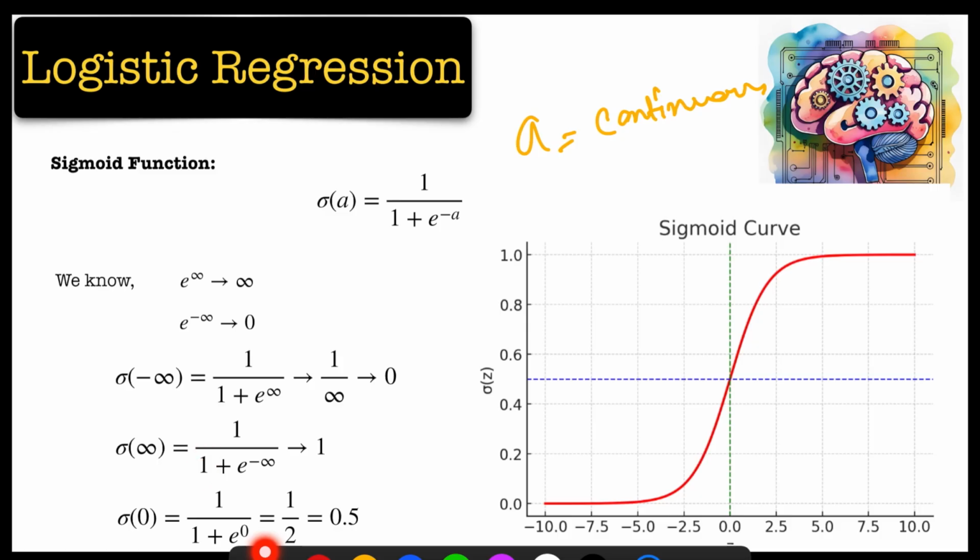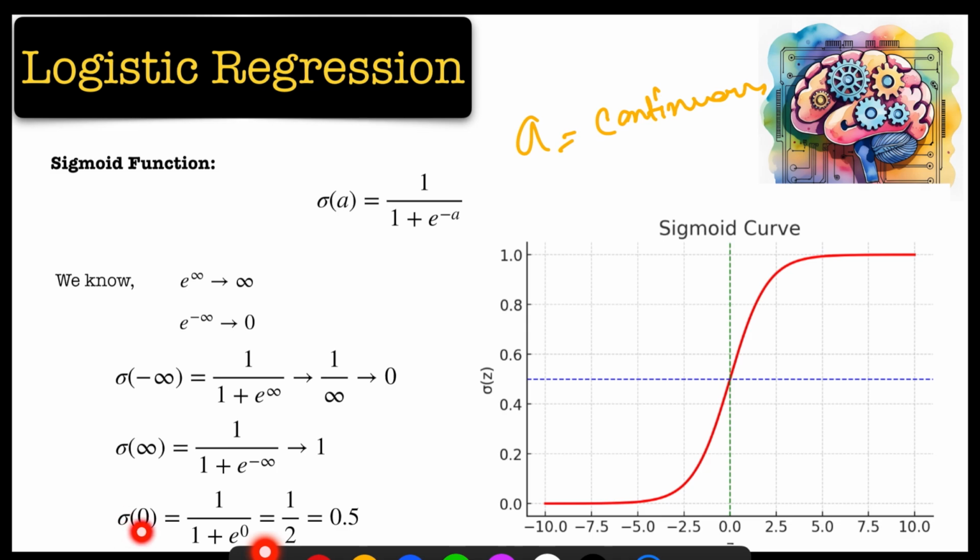So it will be 1 divided by 1, so it will be close to 1. So sigmoid of infinity will be 1. So sigmoid of minus infinity is 0, sigmoid of infinity is 1. So all the sigmoid values will lie between 0 and 1.